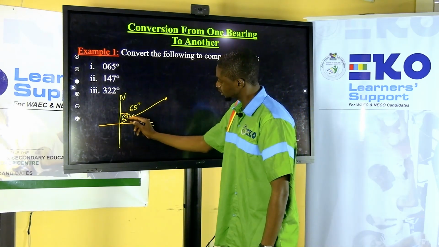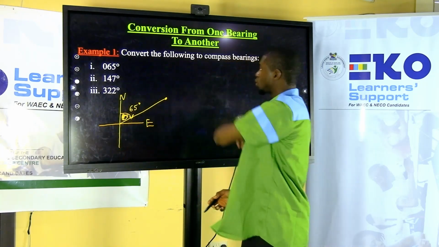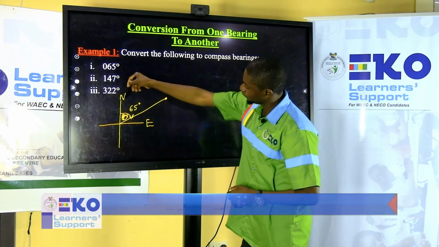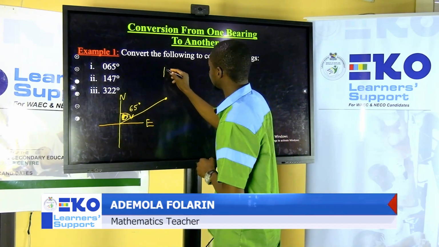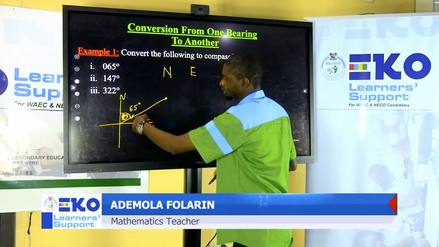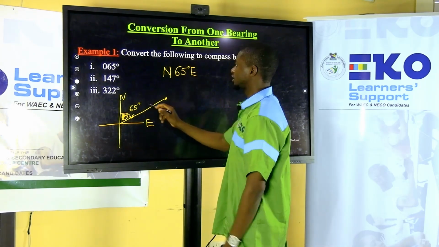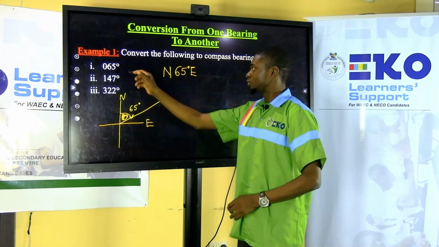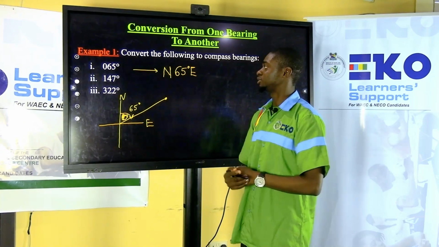Now, our interest is this angle, 65 degrees. So we are converting this to compass bearing. You see that from the north to east is northeast, take note of that. Now, what angle is from the north? 65. It gives us north 65 degrees east. Fantastic. So north 65 degrees east, that is our compass reading for that.